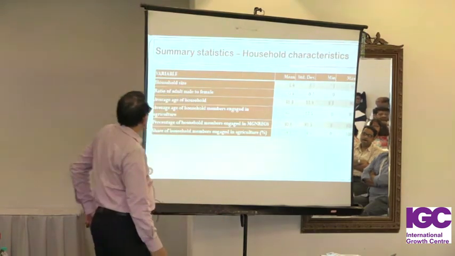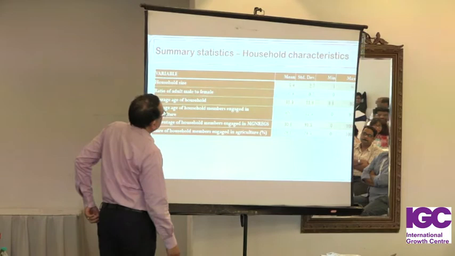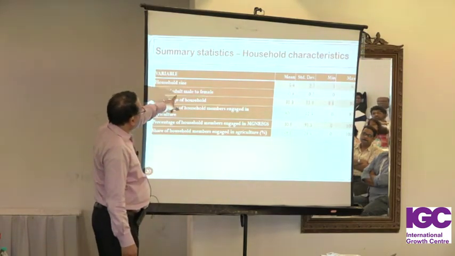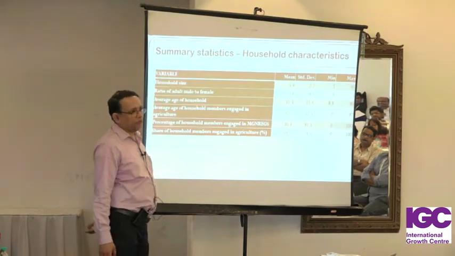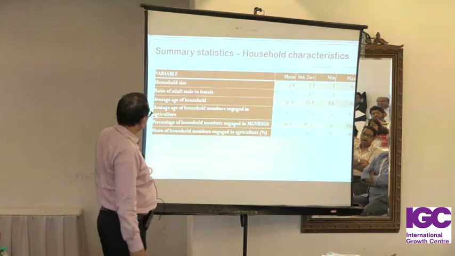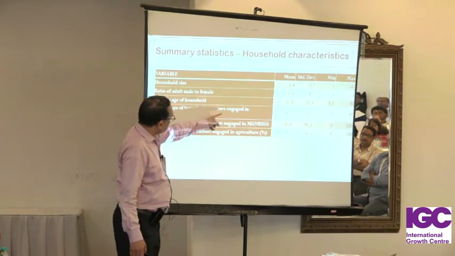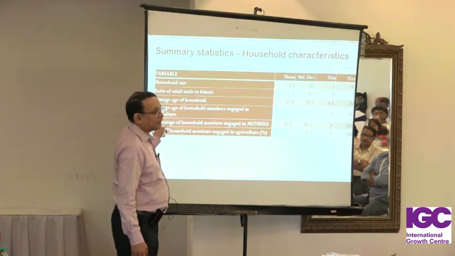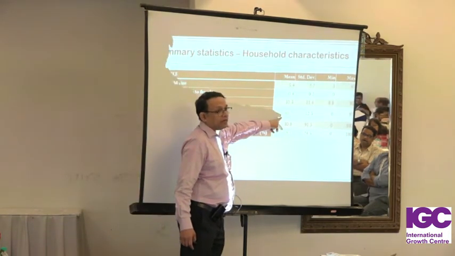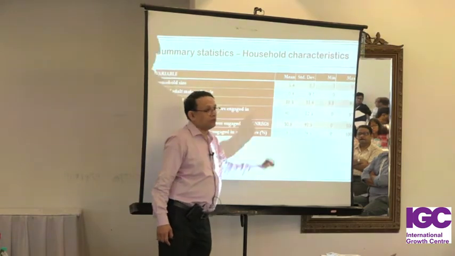This is the household characteristic. Average size 5.4. Ratio of adult male to female is 0.4. The average age of household is 31.3. The average age of household members engaged in agriculture. This is the average of all adults, and this is the average of adults in agriculture, that's about 40.7.